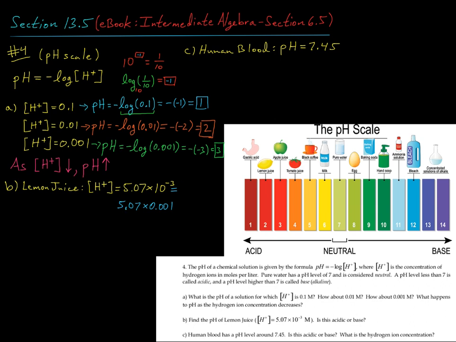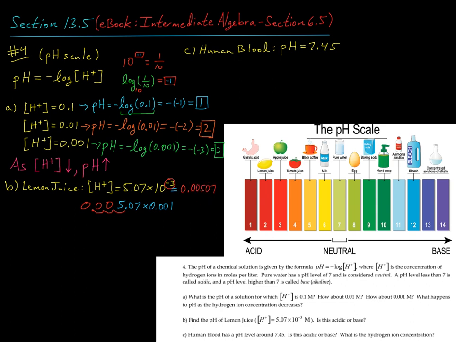It's just going to move our decimal place 3 spots to the left. 1, 2, 3. So we're going to get 0.00507.